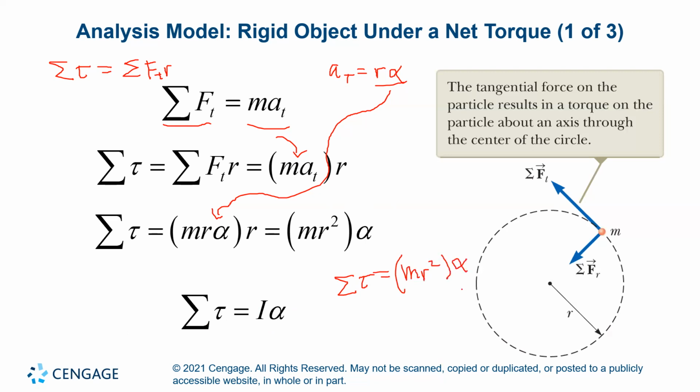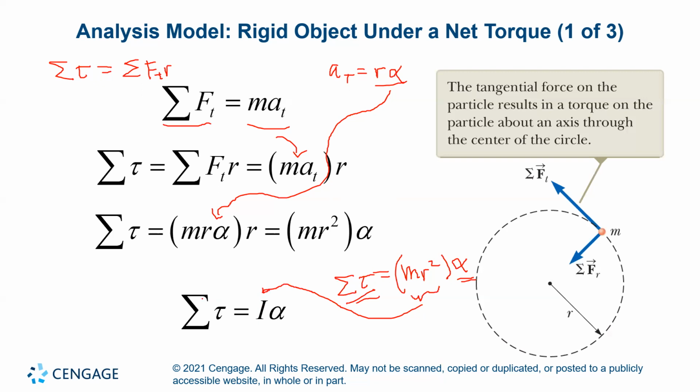So we now have alpha, the angular acceleration, as it relates to torque. And we have this other expression, m r squared, in parentheses. This is something new and this must be relevant, so we give it a symbol I.